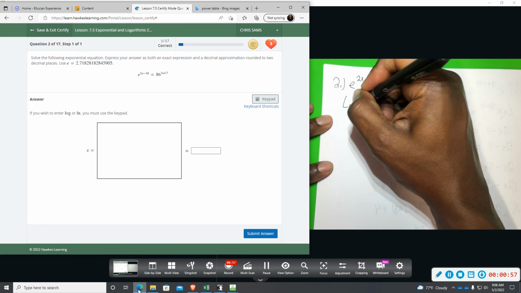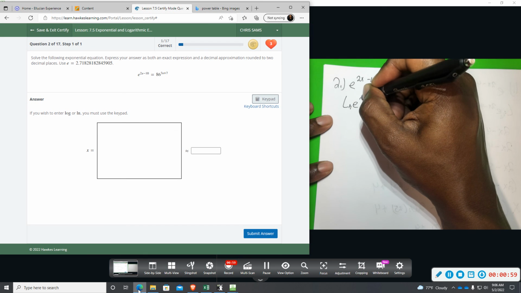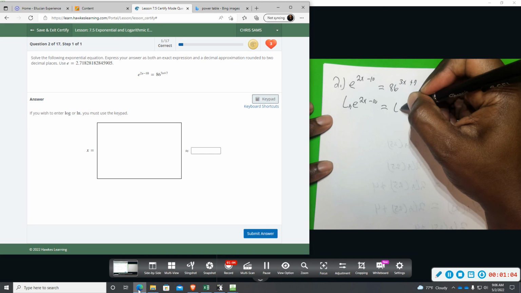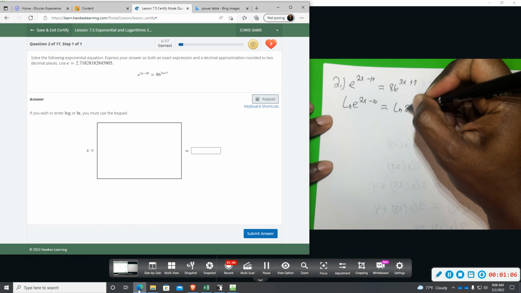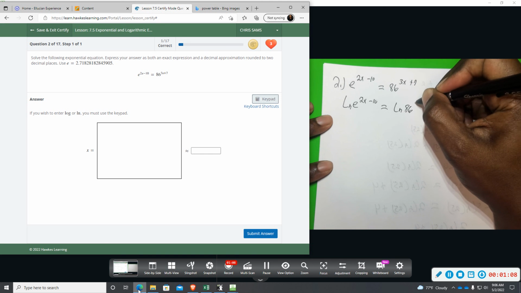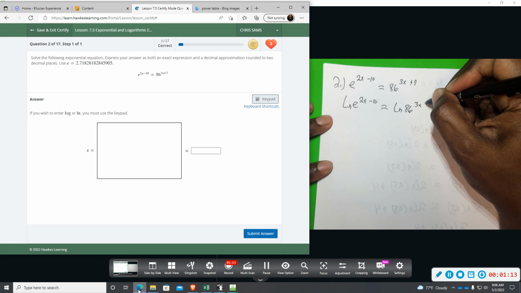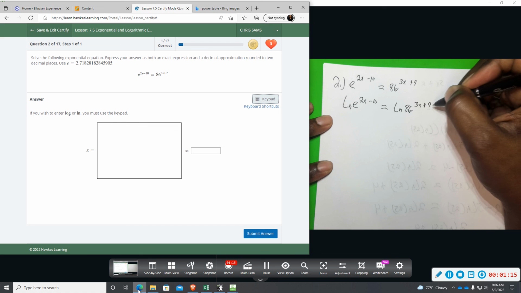So ln e^(2x minus 10) equals ln of 86^(3x plus 7).